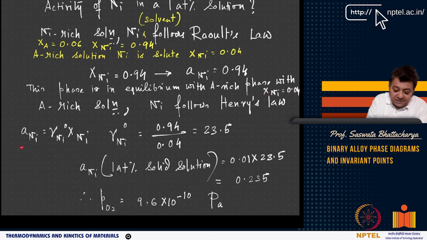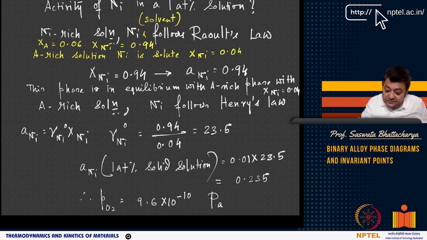So aNi is gamma Ni 0 into XNi. Now aNi is 0.94 in one case, and aNi is 0.04 in the other case. So gamma Ni 0, the Henry's law coefficient for the nickel solute, is 0.94 by 0.04, which comes out to be 23.5.